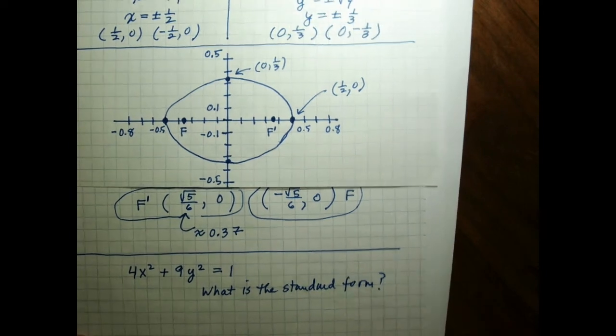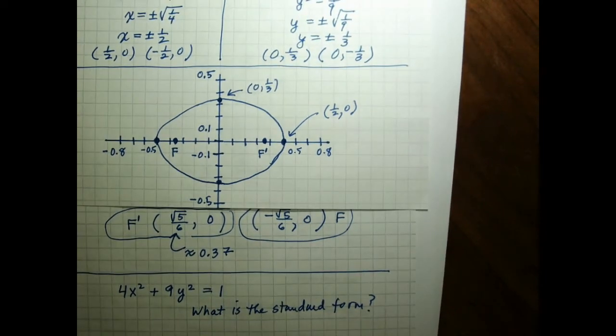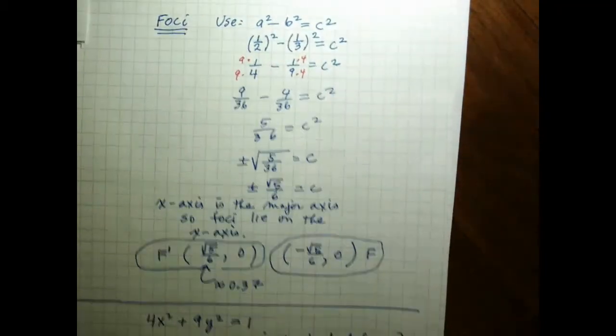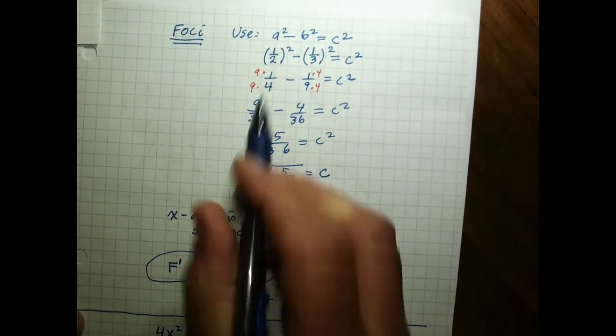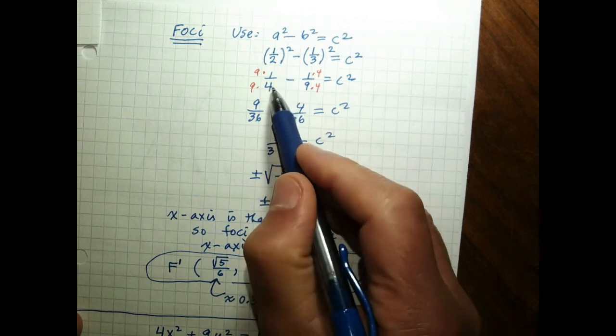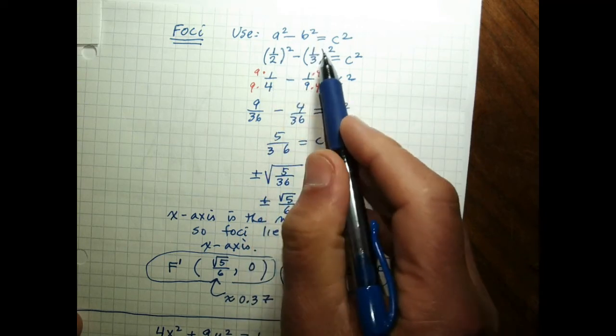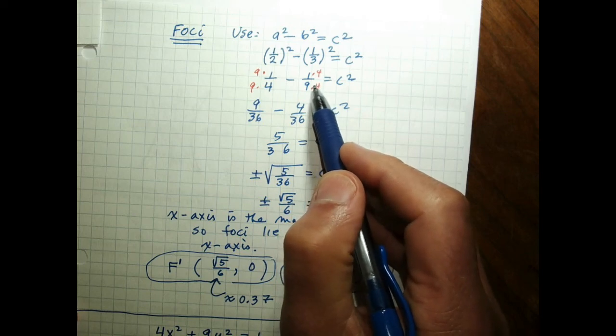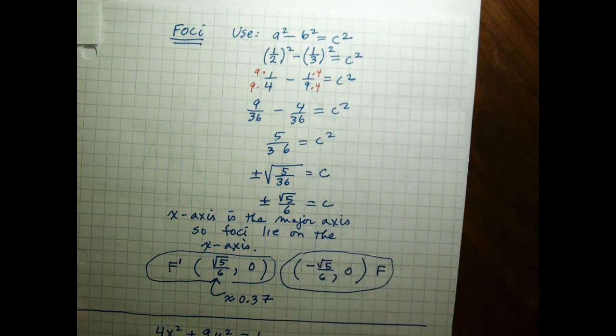The standard form should have that a squared and that b squared in the denominator, correct? And our a squared is 1/2 squared, which is 1/4. Our b squared is 1/3 squared, or 1/9. Those would actually be fractions in the denominator.